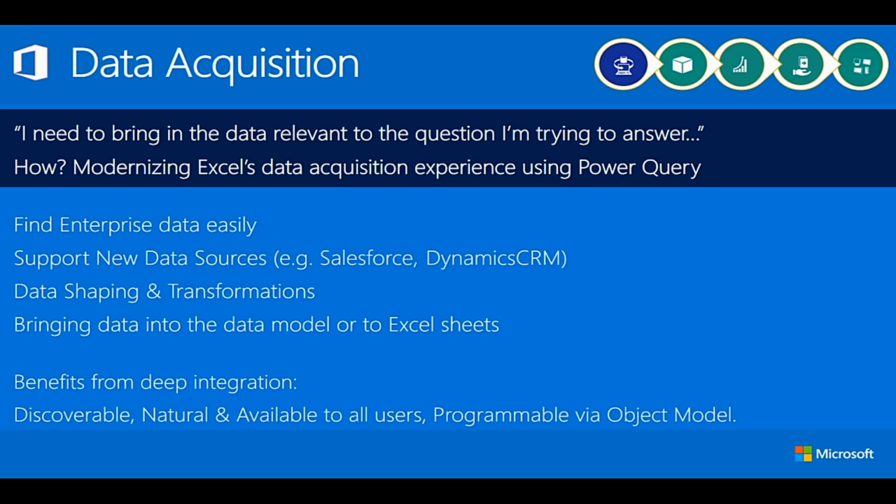And you get all this key functionality like finding enterprise data, supporting multiple data sources with the huge list of connectors that we're adding, and we'll keep on adding. Data shaping and transformations, a very powerful tool for data shaping and transformation, and bringing data into the data model or into the grid of Excel per your needs.